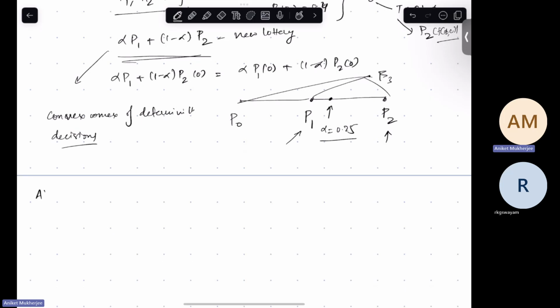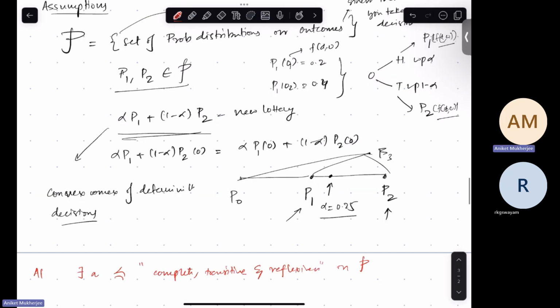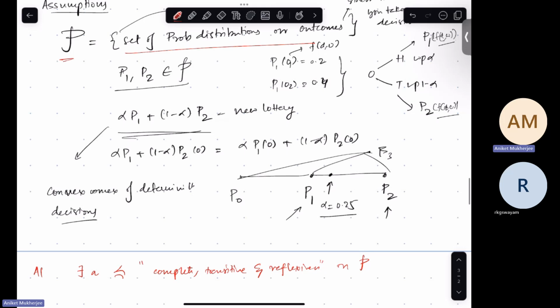Now, my first assumption, A1, is that there exists a relation, the scripted one, which is complete, transitive, and reflexive on P, on this set of probability distributions of outcomes.